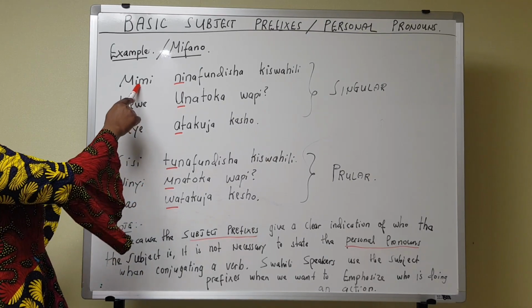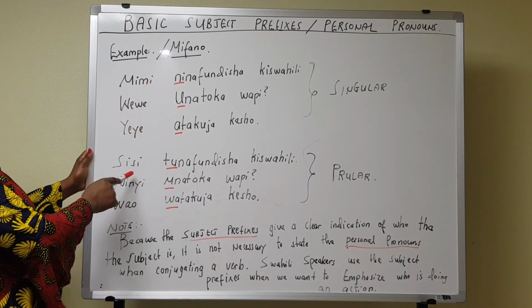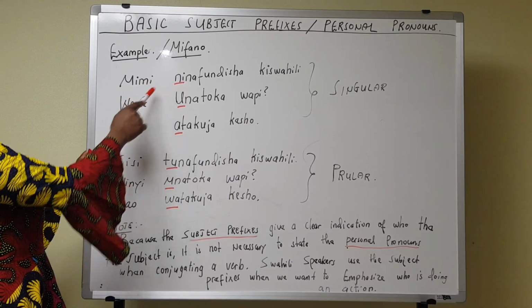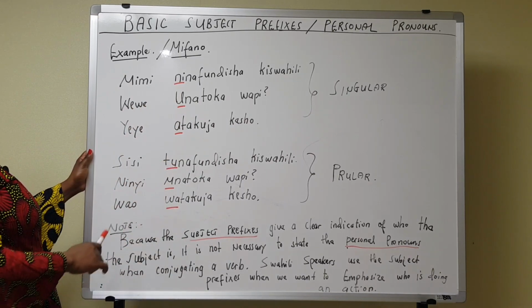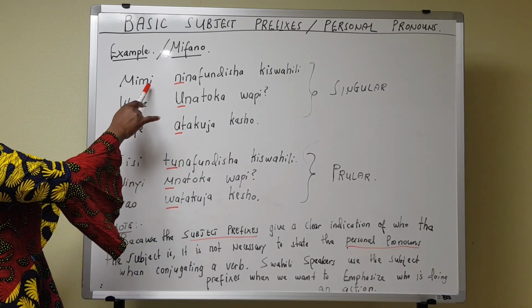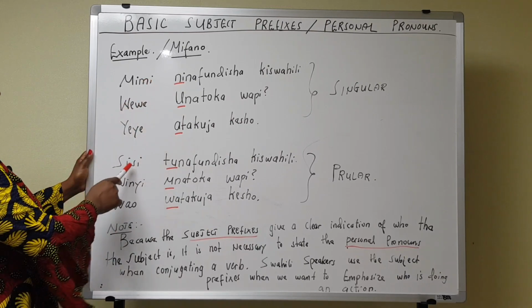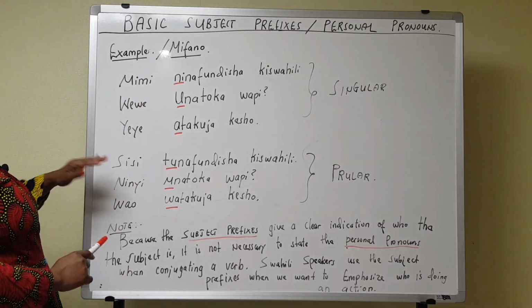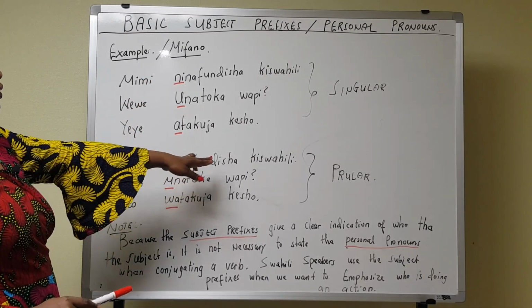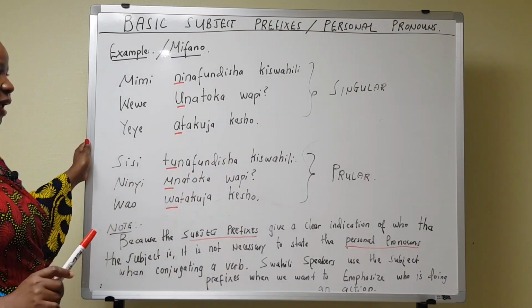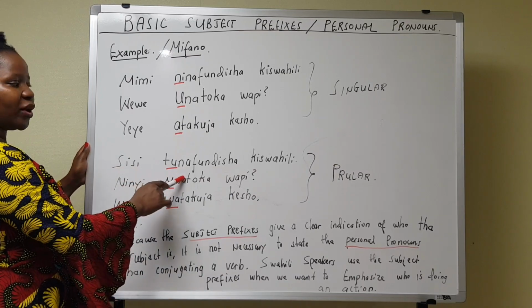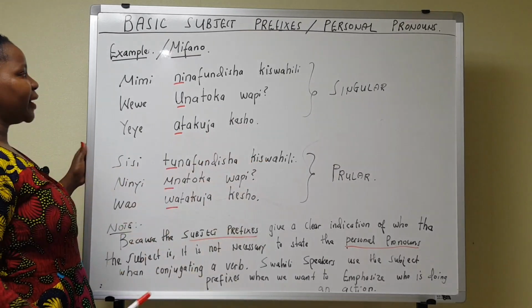The plural of Mimi is Sisi, and the plural of ni is tu. Okay? So, Sisi tunafundisha Kiswahili.